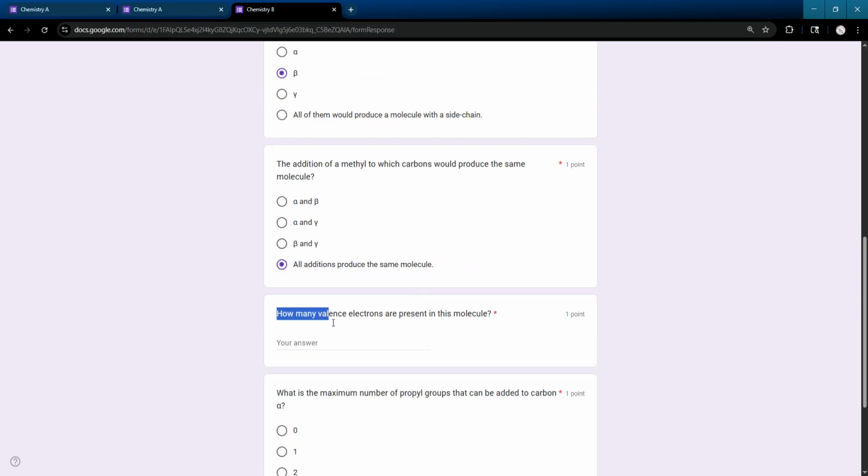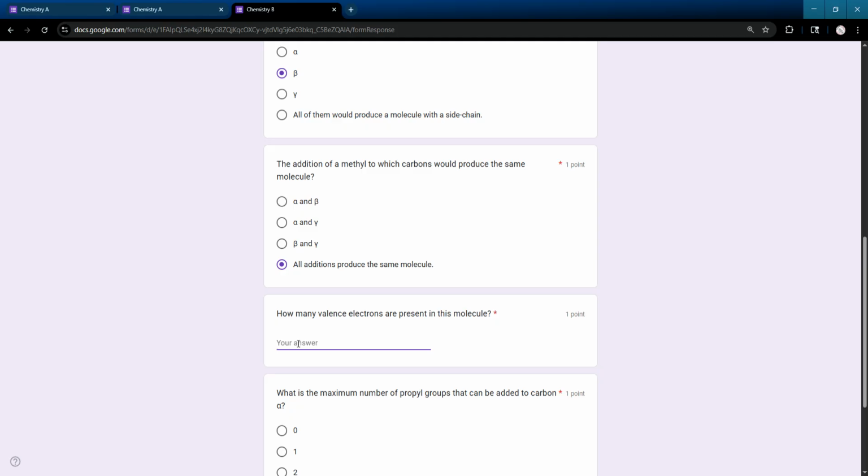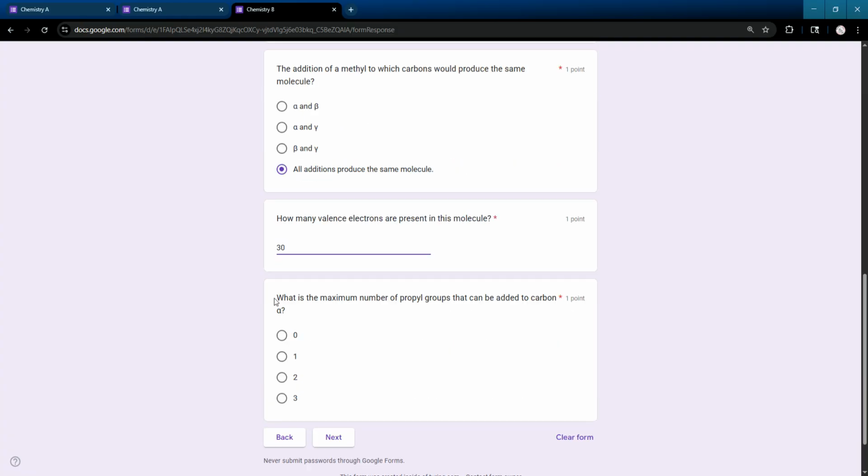How many valence electrons are present in this molecule? So we learned about this one. It was 3 times 10, so 30. And what is the maximum number of propyl groups that can be added to carbon A?